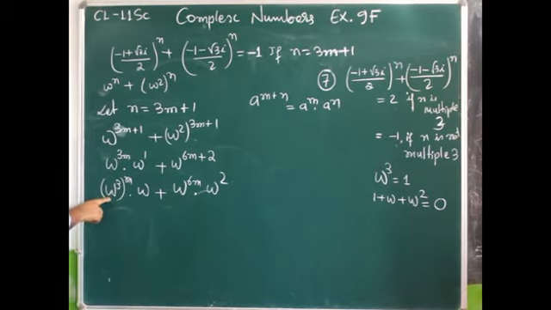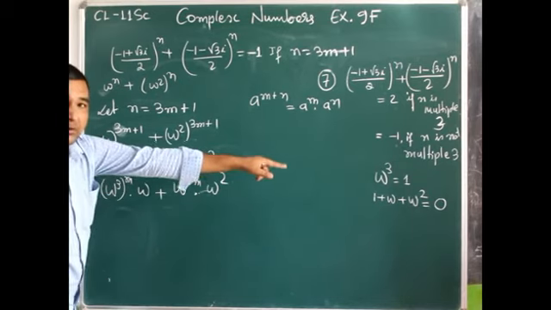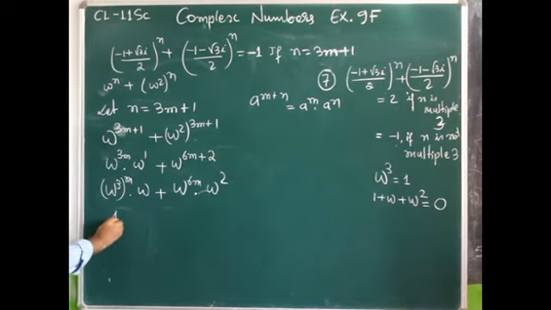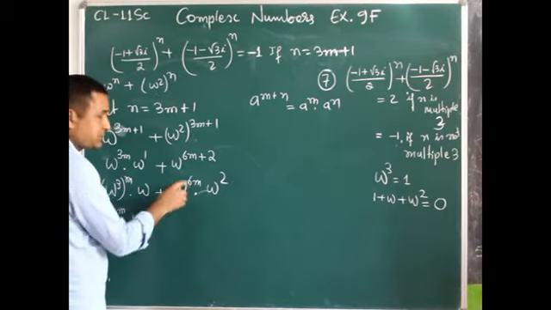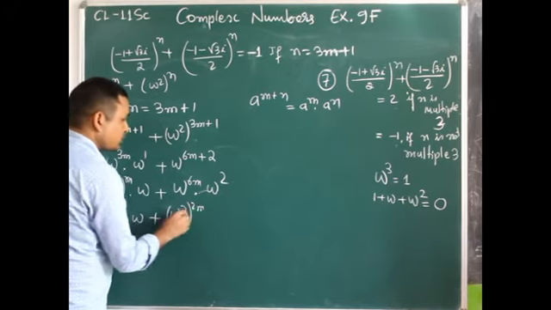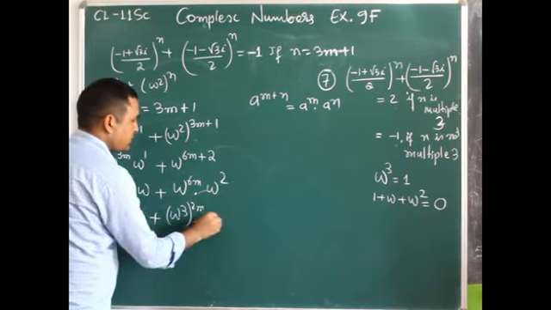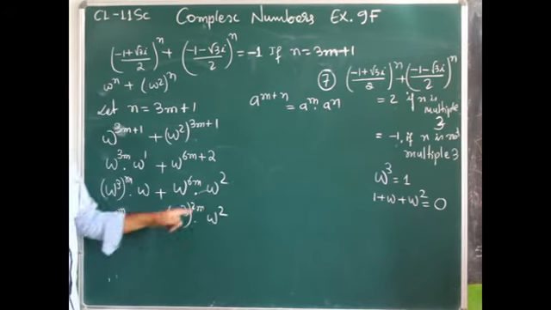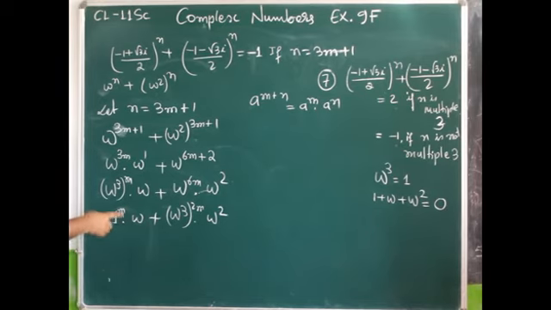Now omega cube is how much? Omega cube is 1. So that is 1 to the power m times omega, plus, making it a multiple of 3, omega to the power 3 into 2m, that is 6m, times omega squared. Omega cube is 1, and 1 to the power any number is always 1.